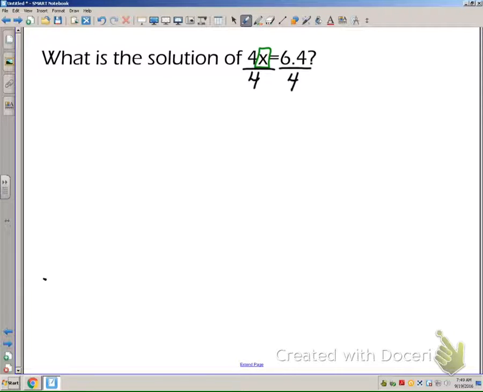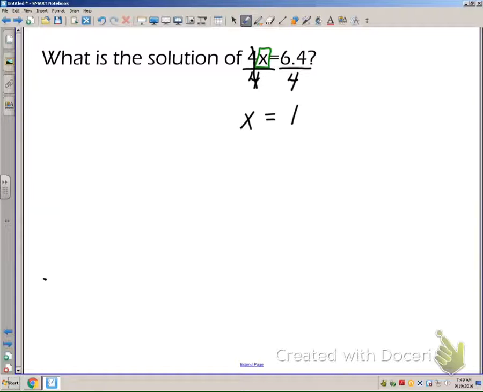4 divided by 4 is 1, which isolated my variable, just left me with x. That's great. I don't need to write 1x because we know that 1 times x is x. And 6.4 divided by 4 is, I'll have to think about this for a second. 4 goes into 6 one time, and then I've got 24 left over.